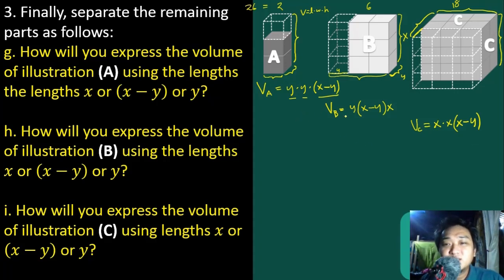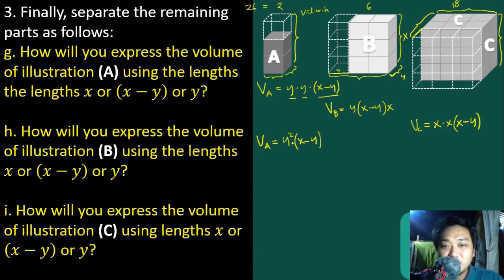So let us solve this volume of A, volume of B, and volume of C para makinis tingnan. What will be the volume of A? So that will be y times y, which is y squared, times the quantity x minus y.